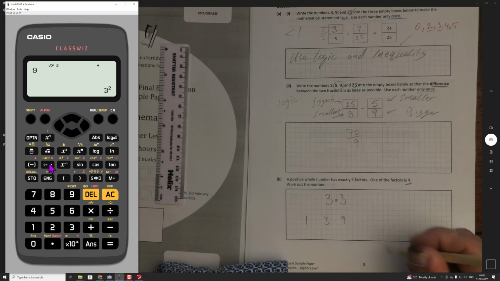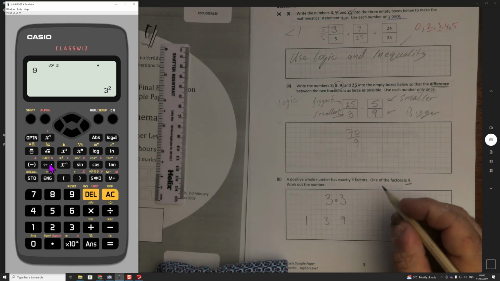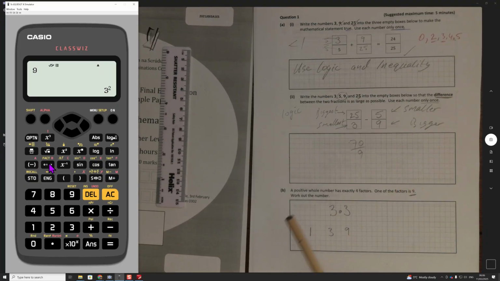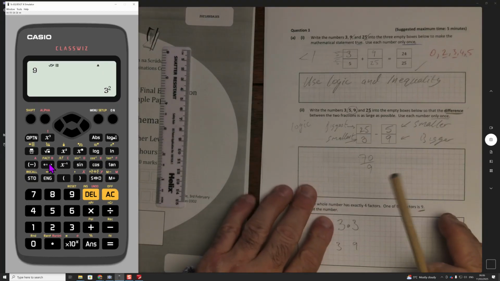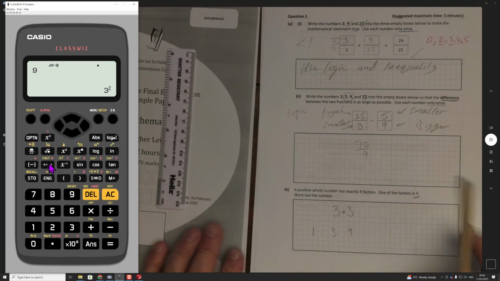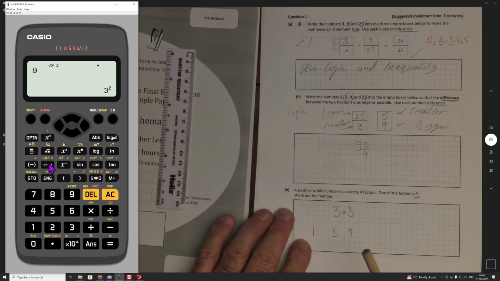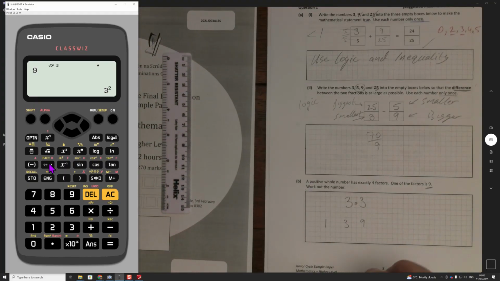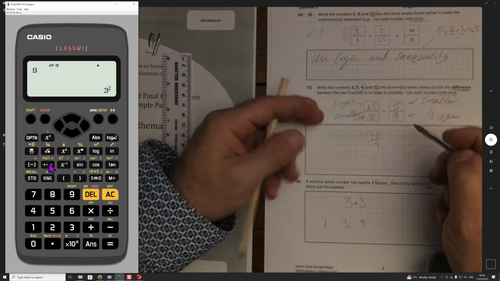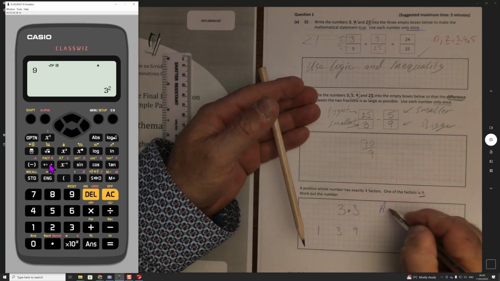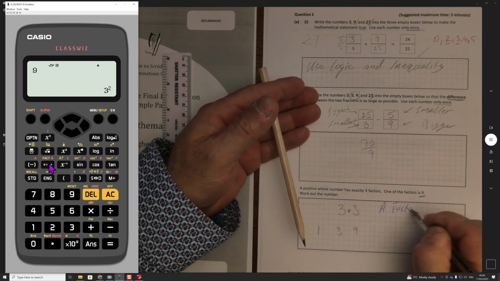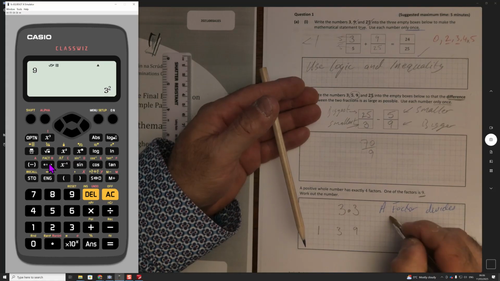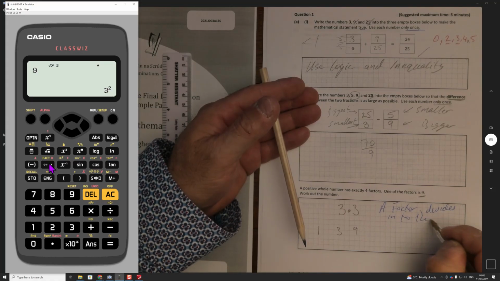So what is a factor? A factor is a number that divides in. A factor divides into the number.